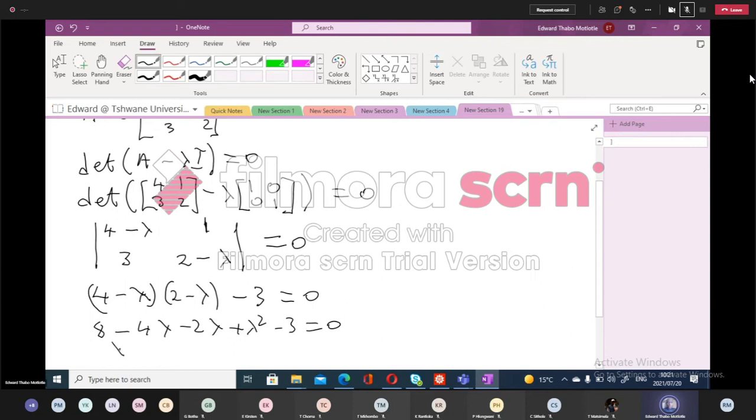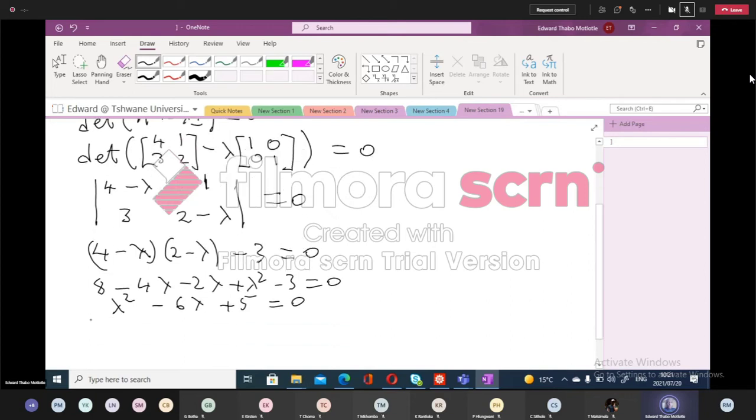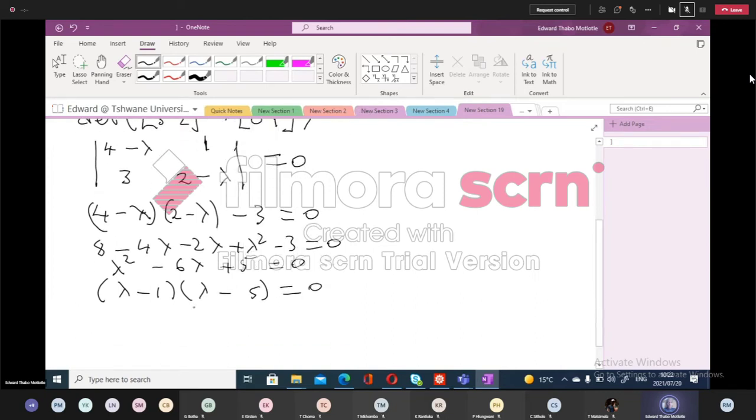So we group the like terms: lambda squared minus 6 lambda plus 5 equals 0. Now we factorize. We have 5 and 1, both of them negative to give us the middle term 6, equals 0. So we clearly can say that lambda equals 1 or lambda equals 5. Now we have managed to determine our eigenvalues.